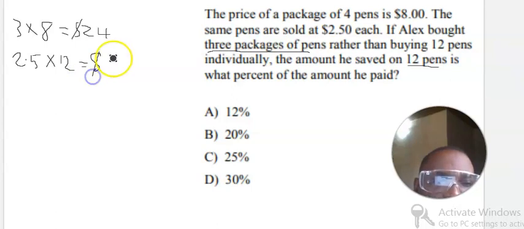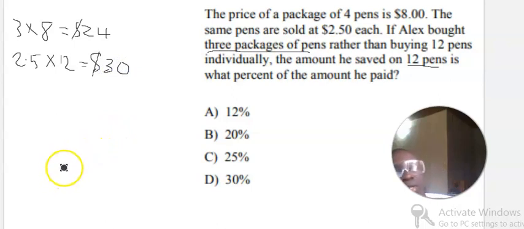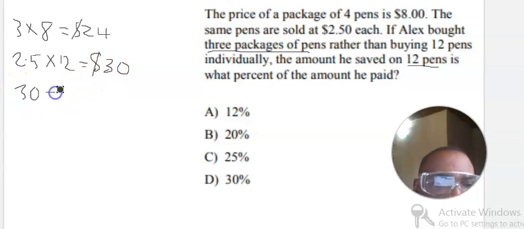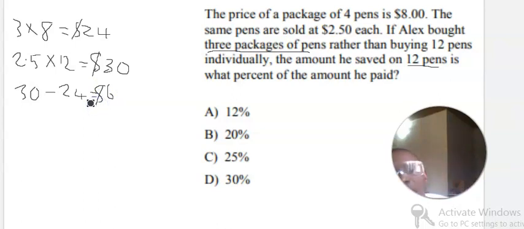So what's the difference? 30 minus 24 gives you $6. So he saved $6 by buying the 3 packages.